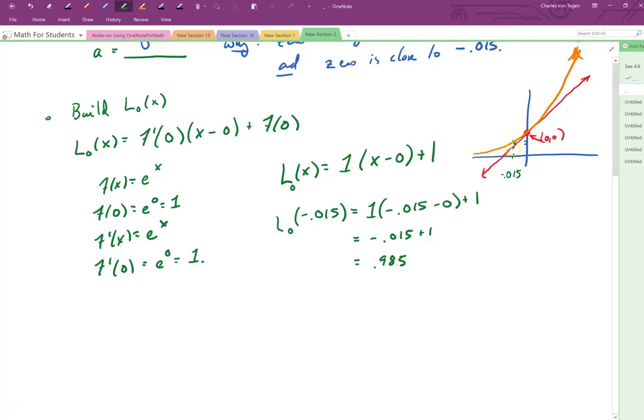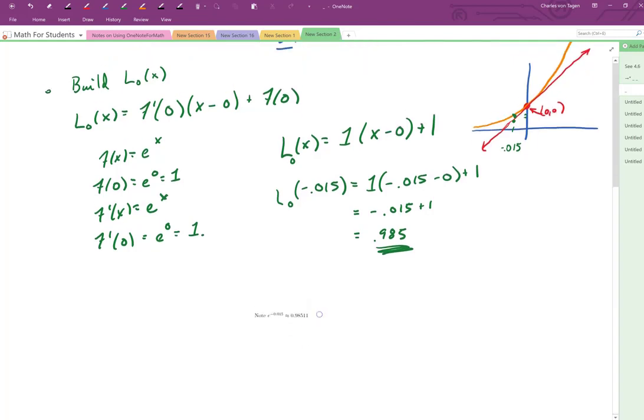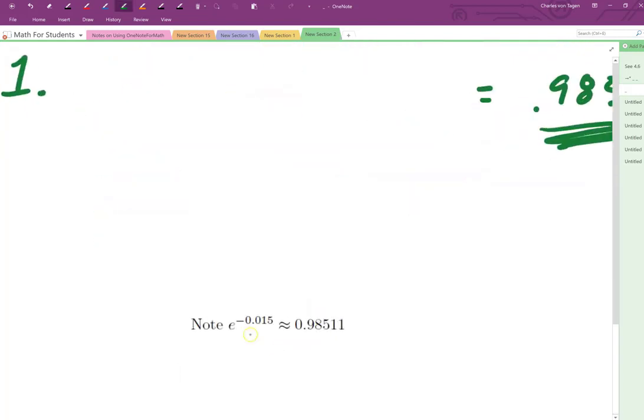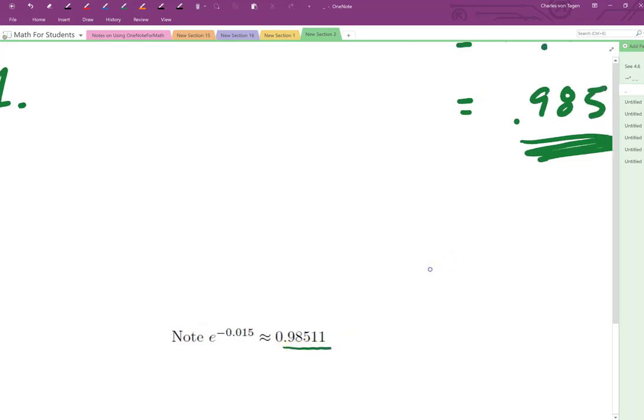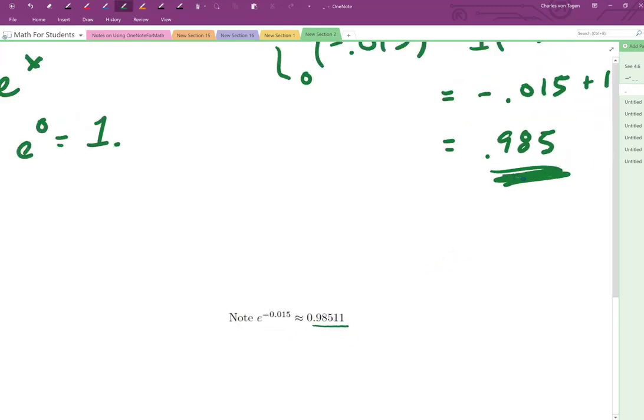So again, the y value on the red line here is 0.985. Let's compare that to the actual value. The actual value is about 0.98511, and so you can see, again, we're accurate in this case to within a thousandth of the true answer.